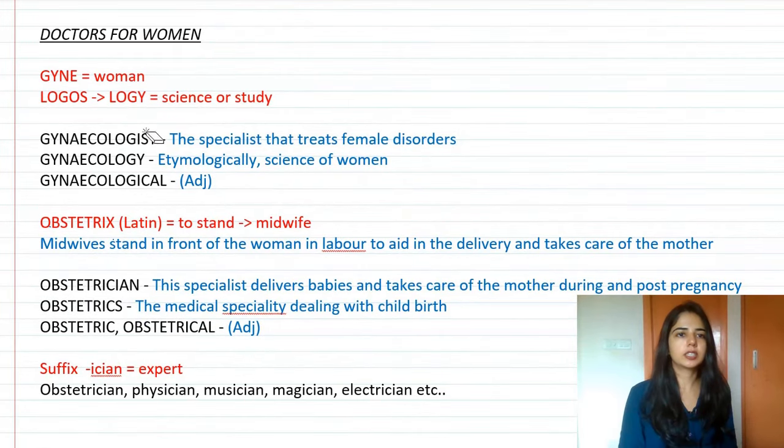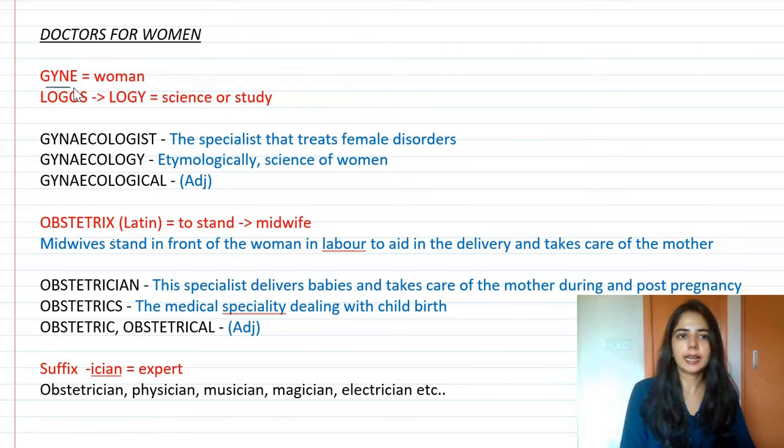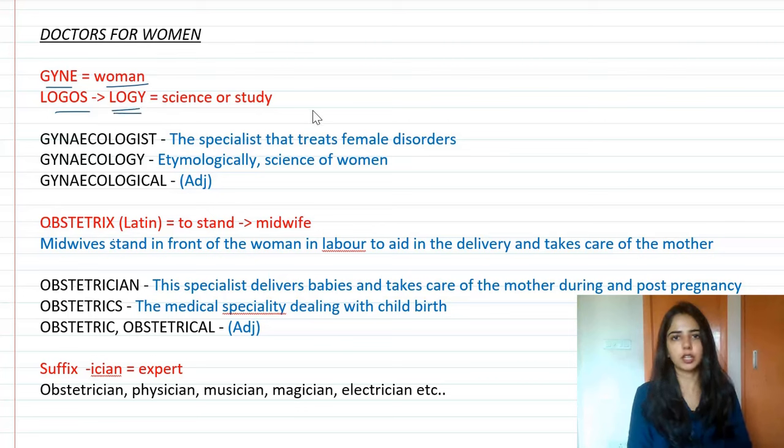Our first doctor for today is the gynecologist. Now in session 1 we read about the root word gyne, which means woman, and logos, which converts into logy as a suffix, meaning science or study of something, for example zoology, biology, etc. So what is gynecology? The study of women, right?